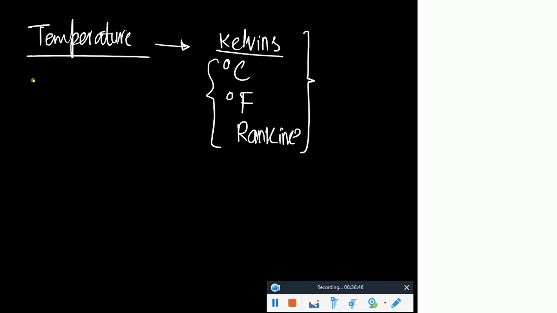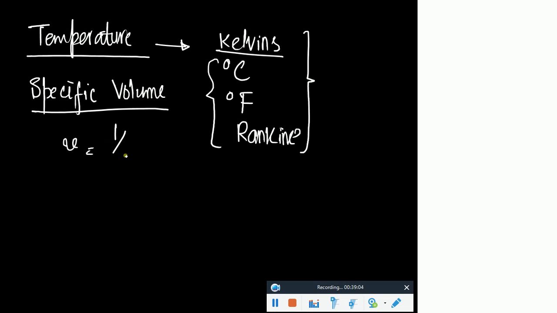Now, let me define a few other quantities as well. Did you hear about this term, specific volume? Generally, you can say it's a reciprocal of density. I'm just using a small v.